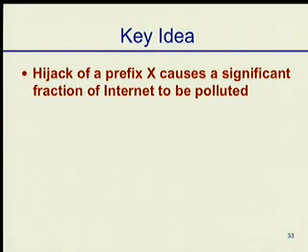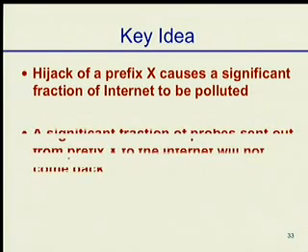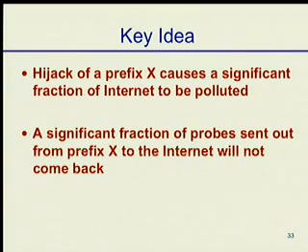If the attacker announces a route to a particular destination, networks close to it will think that this route is more attractive because it is close to the attacker AS. So that's why typically a significant fraction of the internet will get polluted, will be affected if hijacking happens.